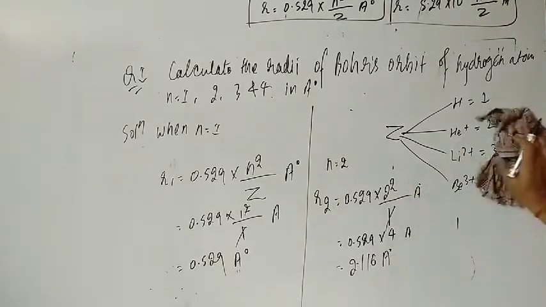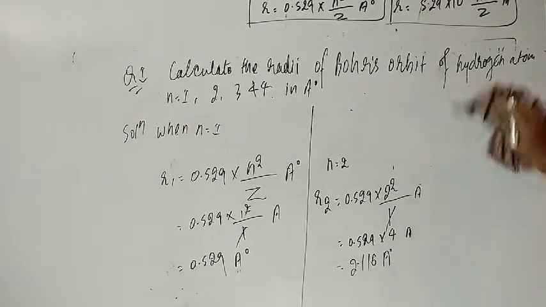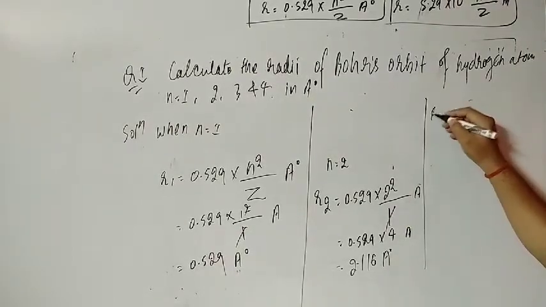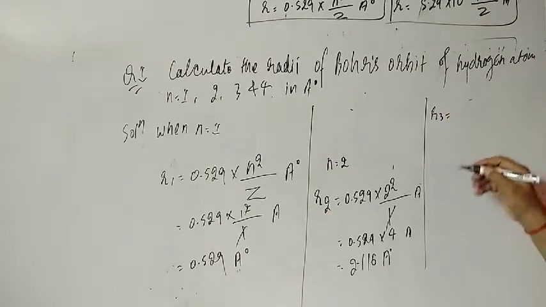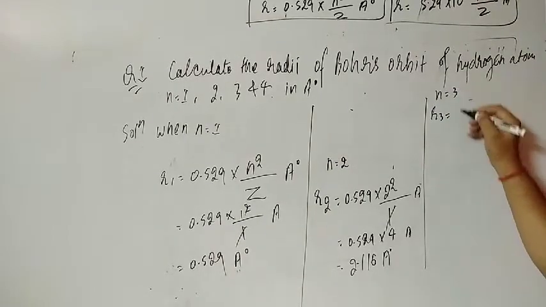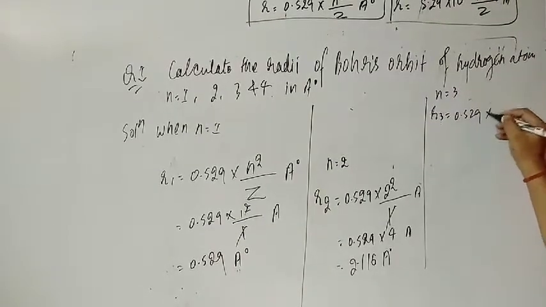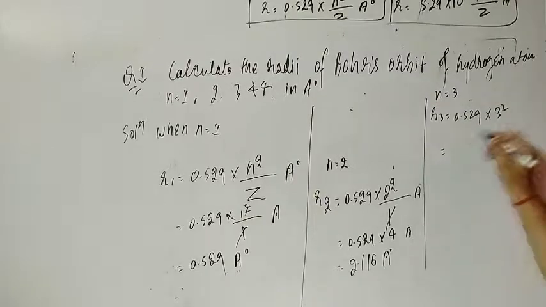If you are calculating R3, dear student, n is equal to 3, so 0.529 into 3 square, in angstrom.